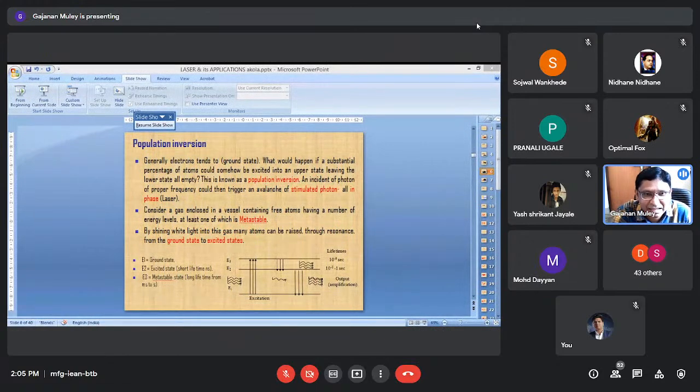So here the laser is used to ablate, or to remove the upper layer of your sample, or to remove portions or parts of the surface of your sample, and then the other is inductively coupled plasma mass spectroscopy. So in this, the laser is used for the ablation purpose.